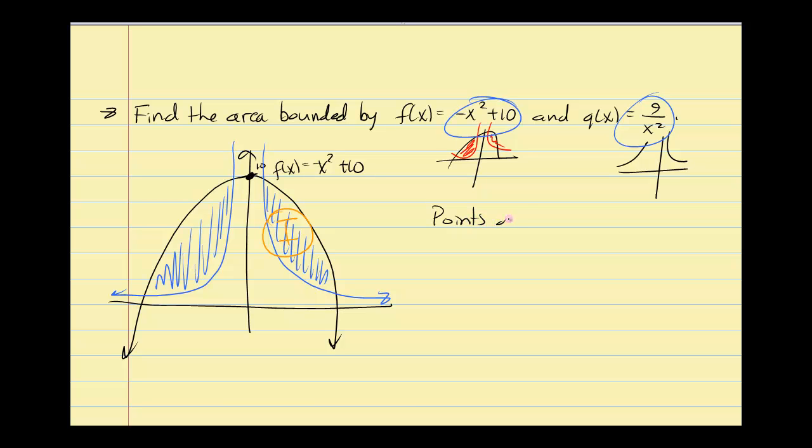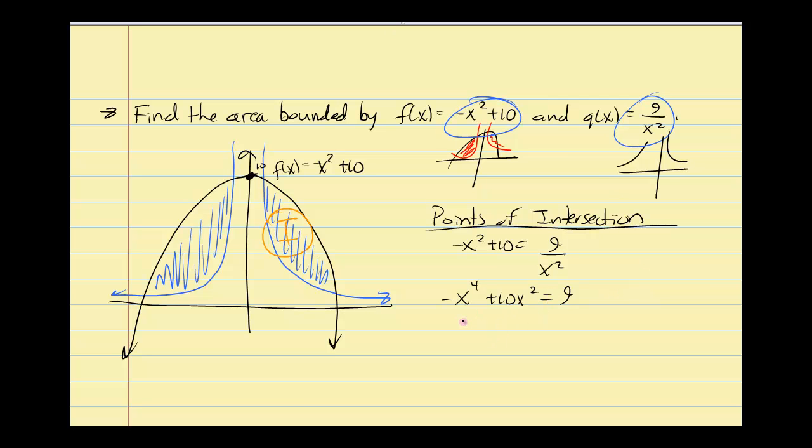To find the points of intersection, you need to set the equations equal to each other and hopefully get a nice solution and solve. So we have negative x squared plus 10 equals 9 over x squared. We're going to multiply through by an x squared, so we get negative x to the 4th plus 10x squared equals 9.